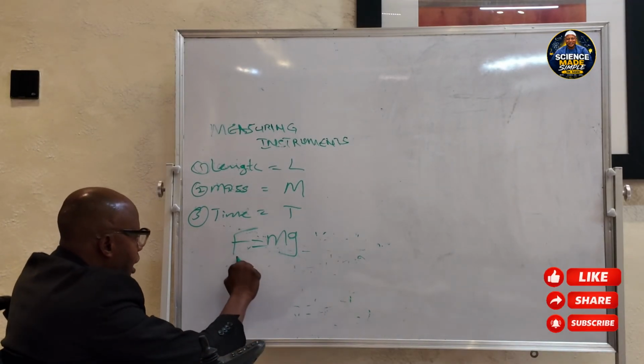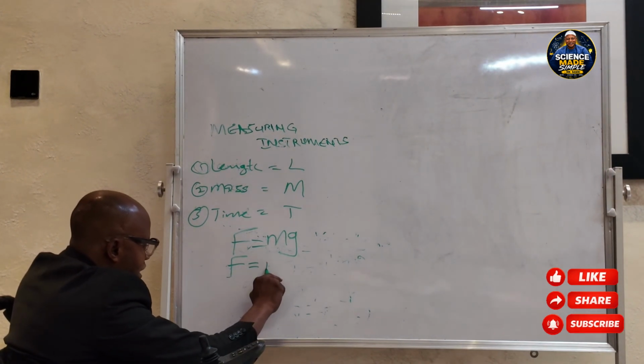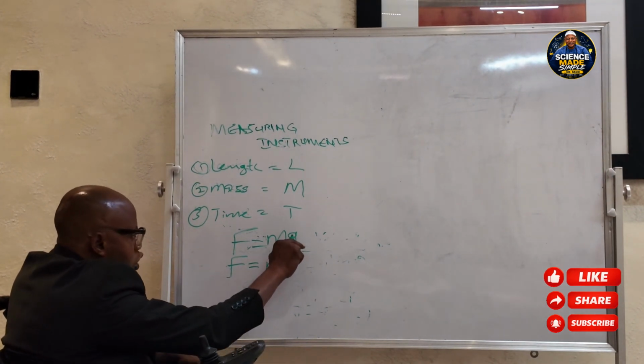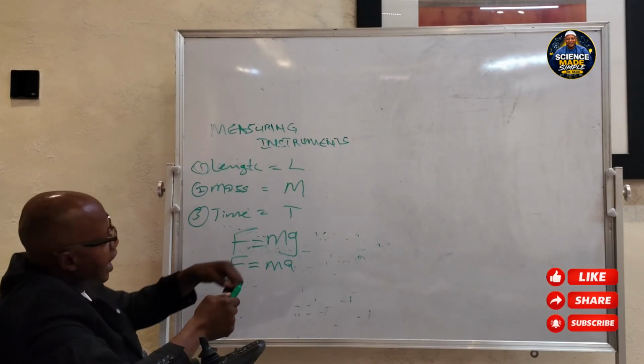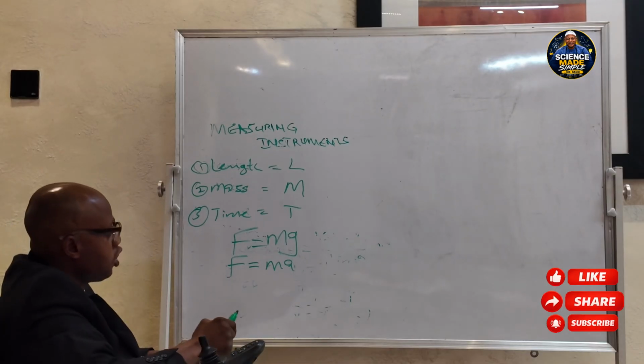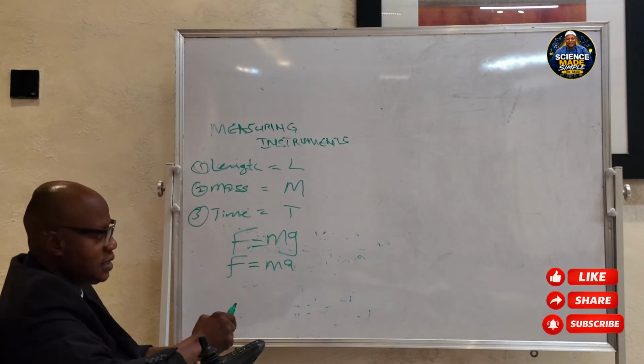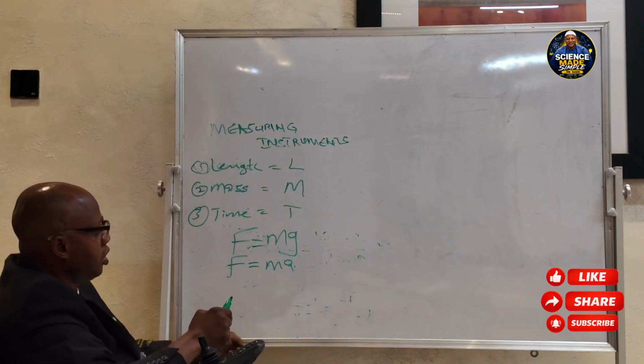For force, you can say our force is the same thing as ma, because this g is acceleration, but in this case g is the acceleration due to gravity, or the linear acceleration.